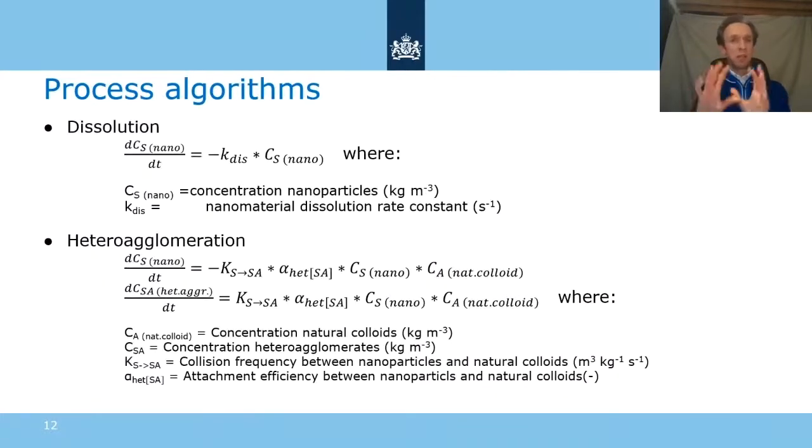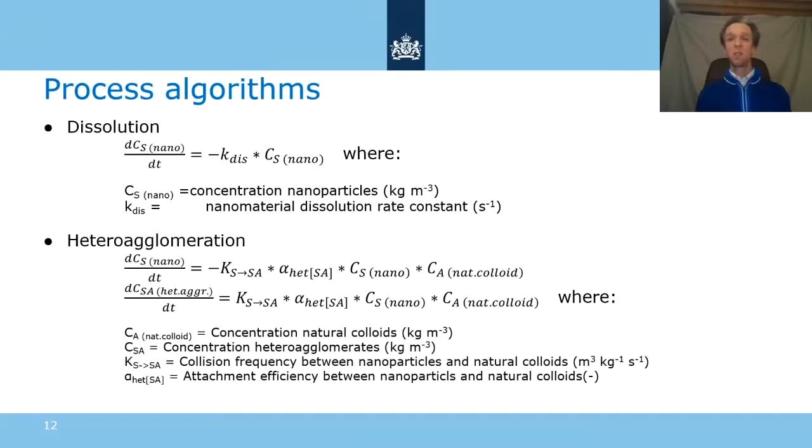Now, just to show a little bit of what is behind the model: the model is basically built up of these rate constants. For dissolution, this is how the function would look, where you have the change in concentration over time dependent on the dissolution rate constant and the concentration, right? For heteroagglomeration, it becomes a bit more complicated because there's not a heteroagglomeration rate constant per se. This is dependent on this big K, which is the collision frequency, and the attachment efficiency, which is alpha.